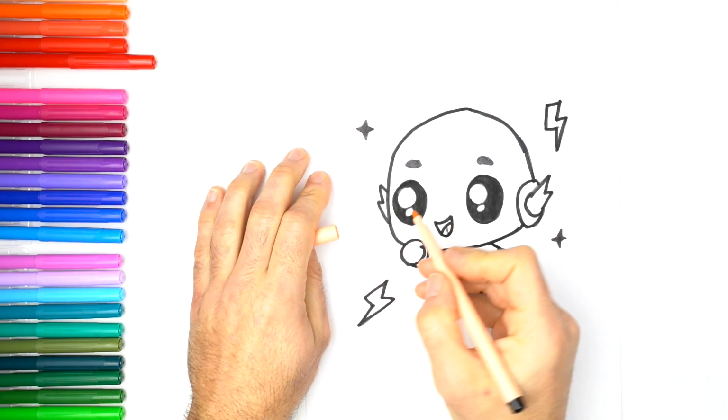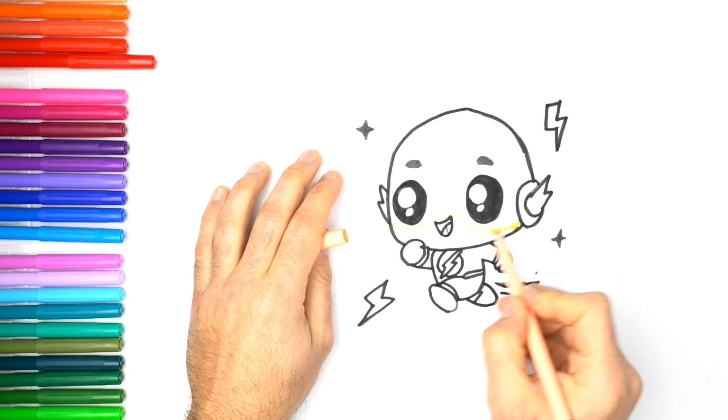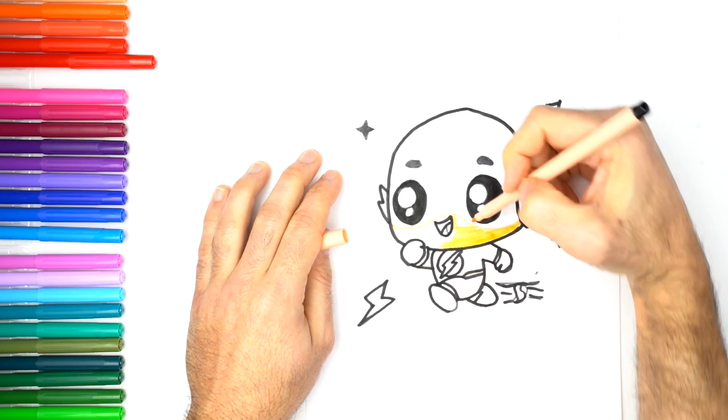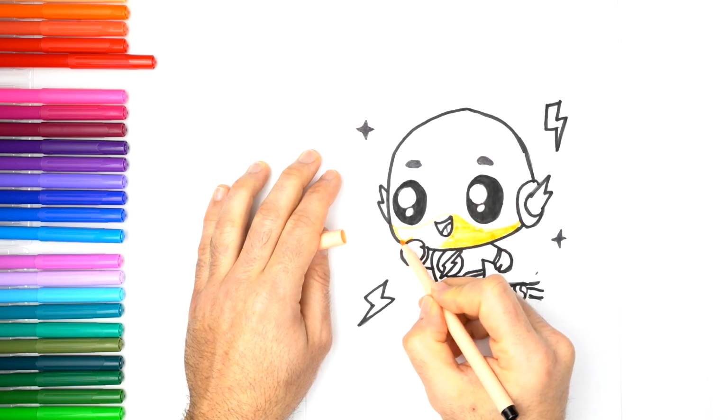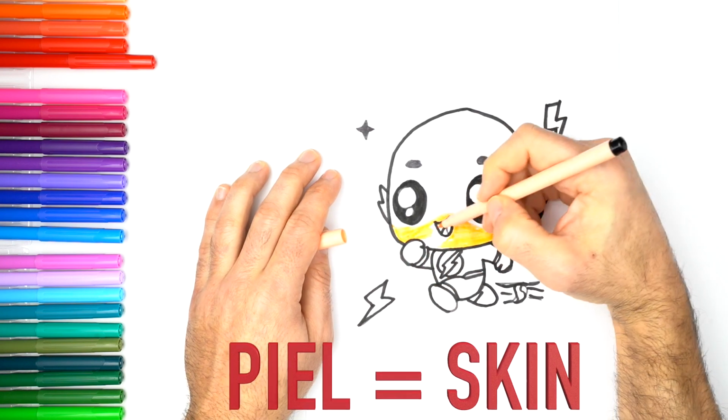Now let's fill the drawing with color. We use this color for skin. Skin in Spanish is said PIEL.